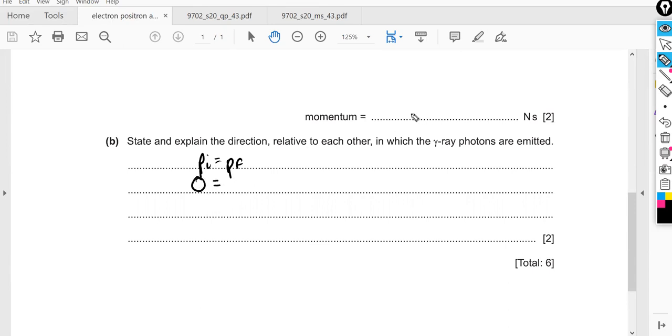And so if the final momentum was non-zero, that's because the photon is flying along in some direction this way. So the other photon must be going in the opposite direction. So that way the vector nature of velocity is what cancels out the momentum in this direction with the momentum in that direction. So they move in opposite directions in order to conserve momentum.